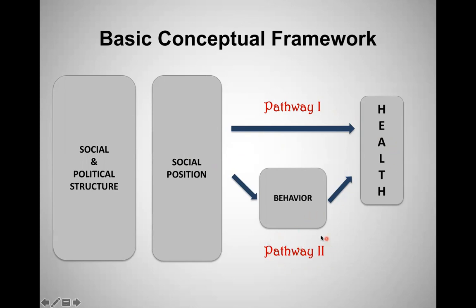Then there's the other pathway, pathway number two, which argues that social positions also act on health through the pathway of behavior, whereby, depending on a person's social structural position, that person's behavioral profile, whether it's smoking, healthy diet, physical activity, or other behaviors, will influence health outcomes.